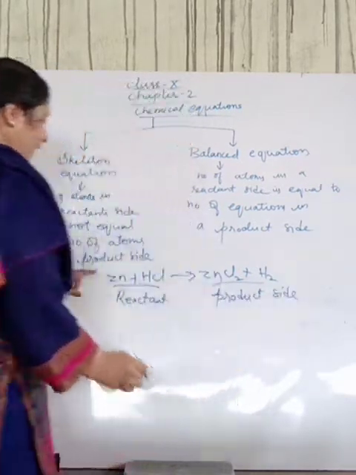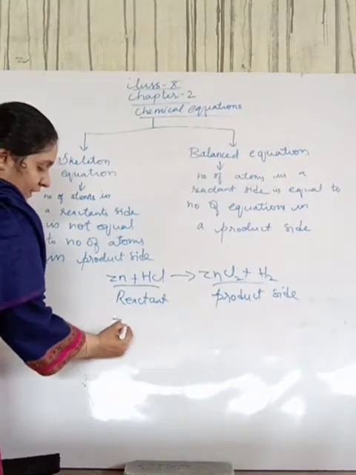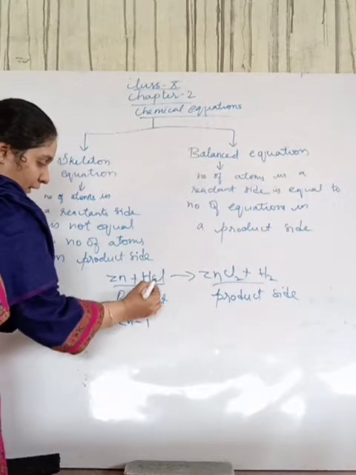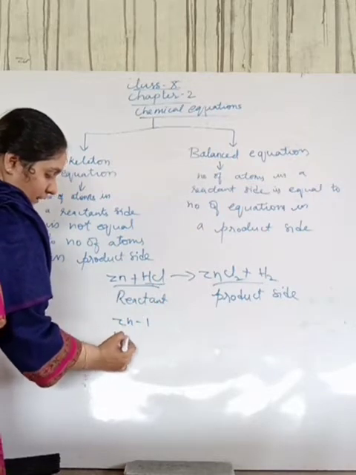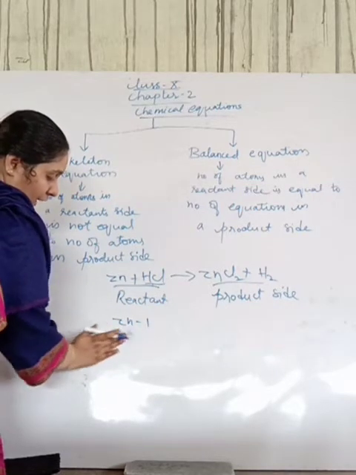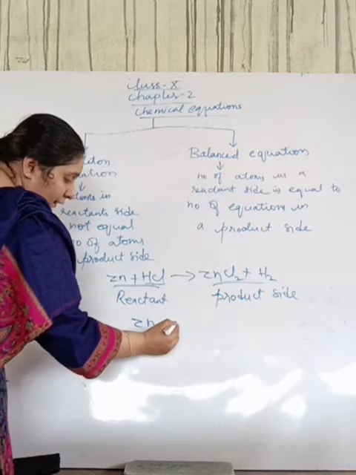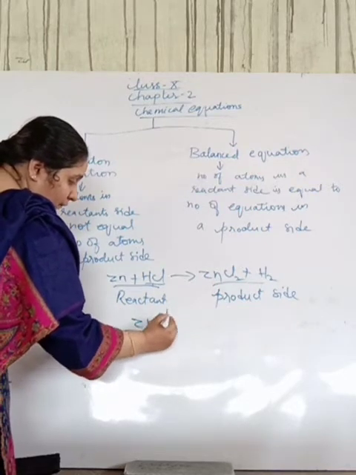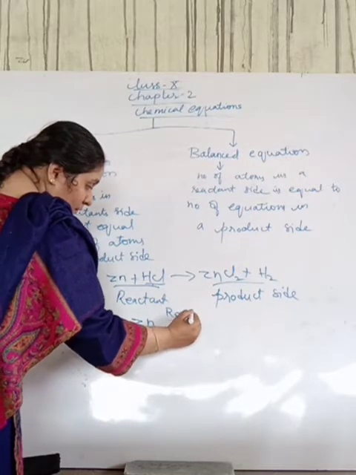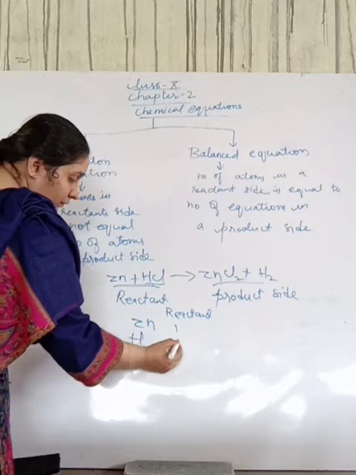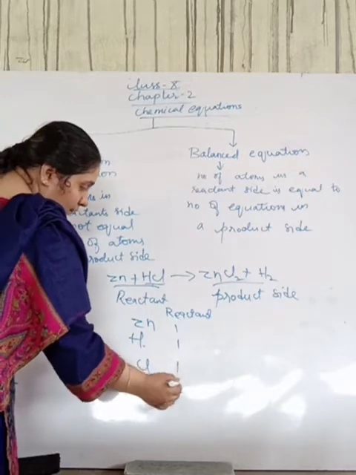Now, in the reactant side, how many Zn do we have, students? Only one Zn. And how many HCl do we have? Hydrogen 1, Cl 1.